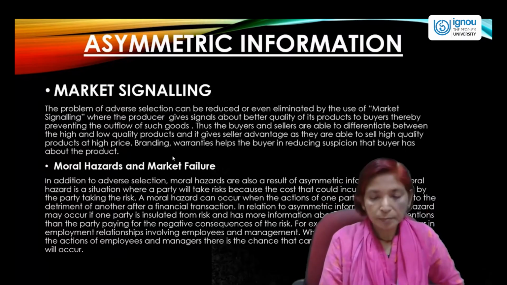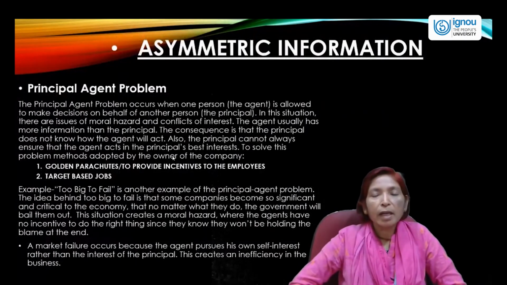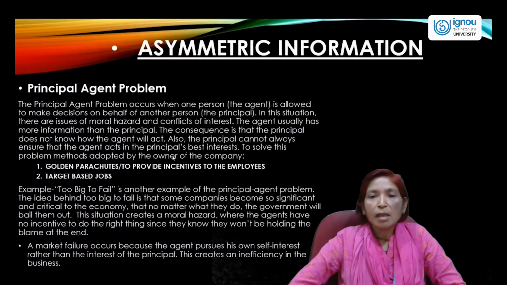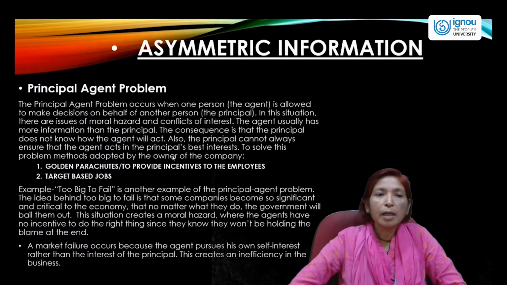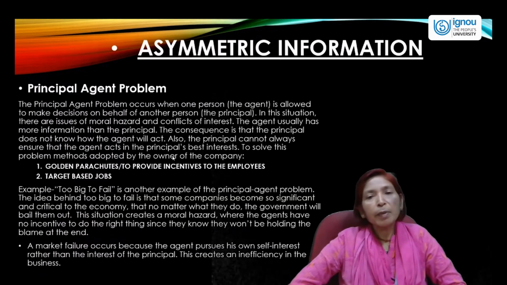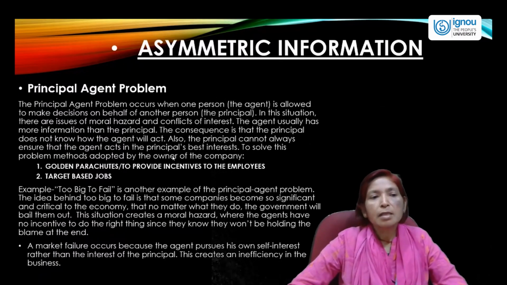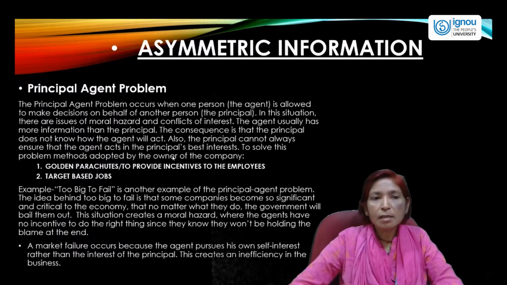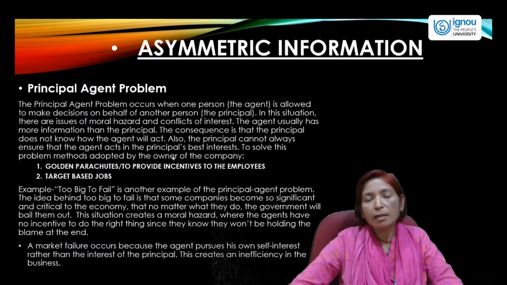Next is asymmetric information. In this case, a principal agent problem also arises. What is the principal agent problem? The principal agent problem occurs when one person is allowed to make decisions on behalf of another person.